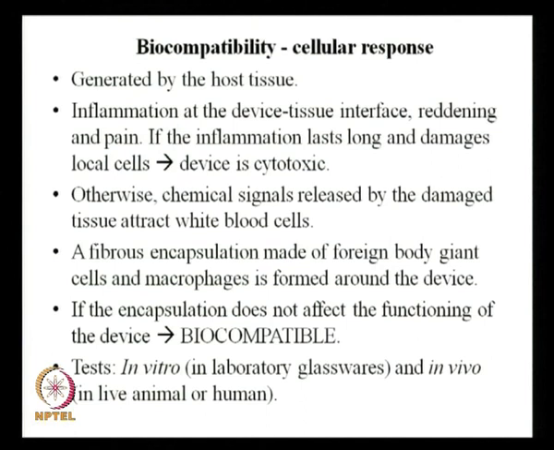So, first you can probably do some kind of screening by in vitro test, and then once you have shortlisted a few items that you can consider to be biocompatible, you can run them on some animals whom you can sacrifice, for example, rat.